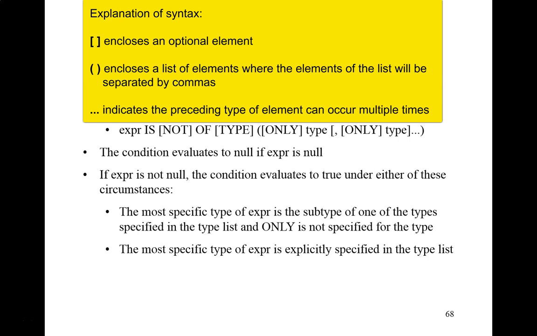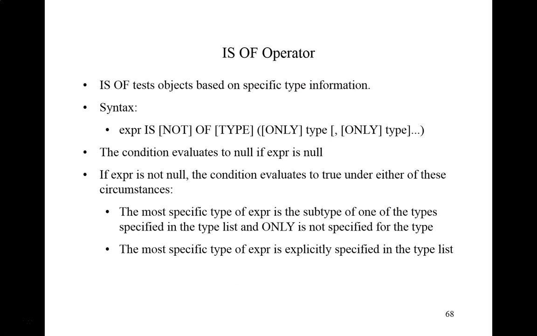The most specific type of the expression is the subtype of one of the types specified in the type list, and only is not specified for the type. Alternatively, the most specific type of expression is explicitly specified in the type list.